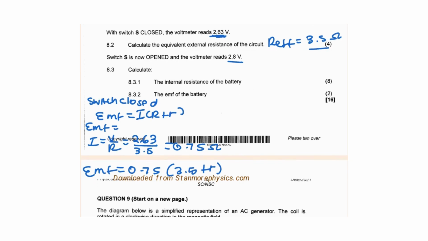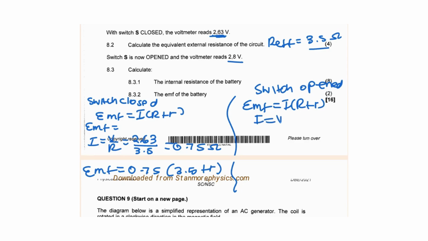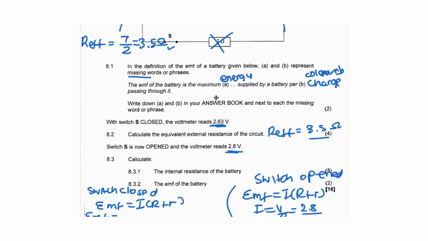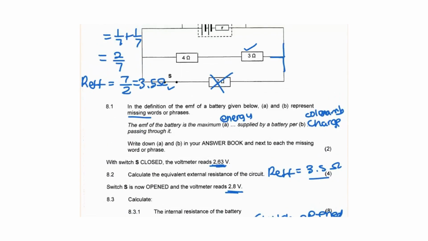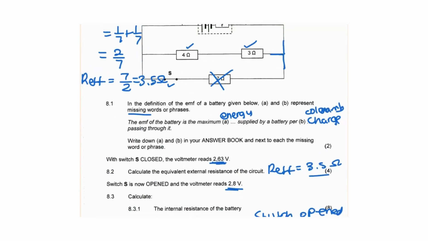For the second case, when the switch was opened, I still have EMF equals I times big R plus small r. My I is V over R. The V reading when the switch was opened is 2.8, and the total resistance changes because now we're only working with the 3 ohm and the 4 ohm, so we add them and get 7.